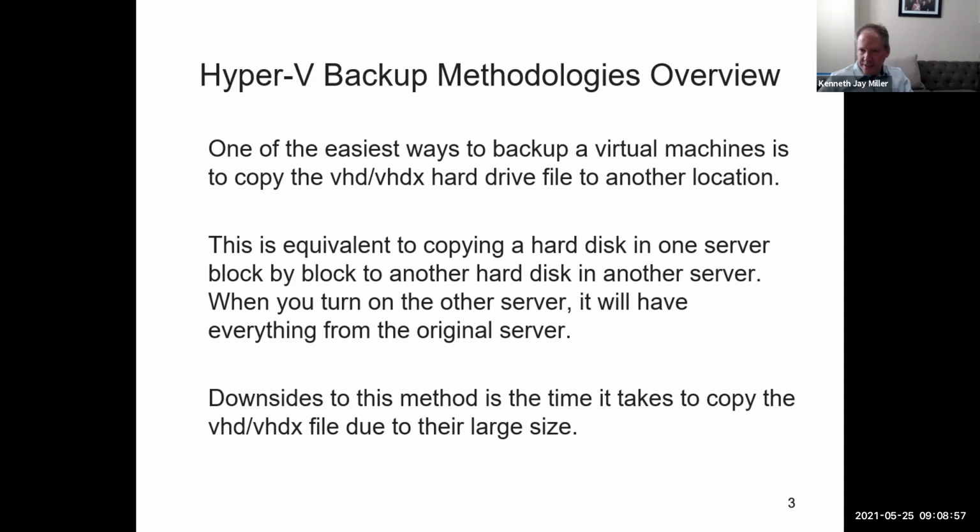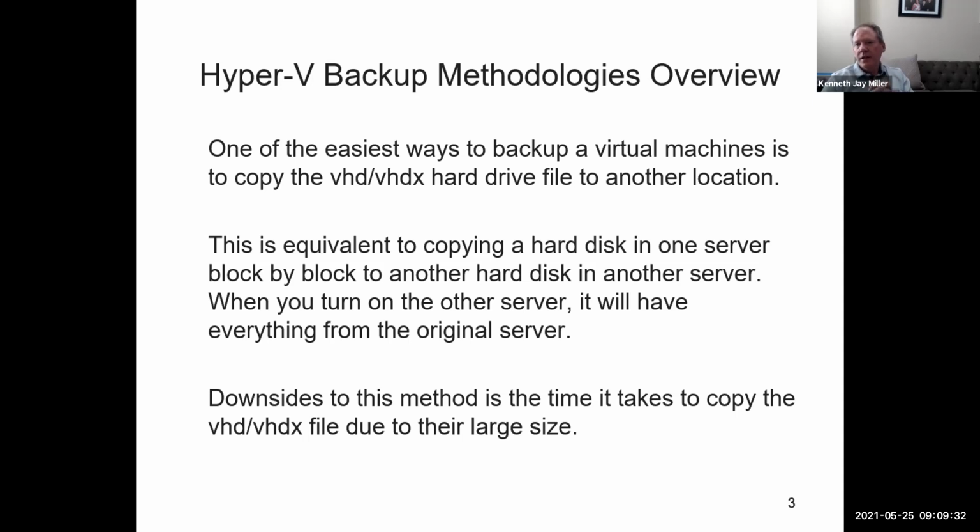Now, the downside to this method is you're talking about huge amounts of traffic. So, if we're only doing one VM that has a 40 gig hard drive, like say our VMs, that might be doable. We just say, okay, just copy those every night at 1 a.m. Right? Take the machine offline, copy the disk, put the copy in a safe location on another network share, and then start up the original, and everybody's back up and going in the morning, right?